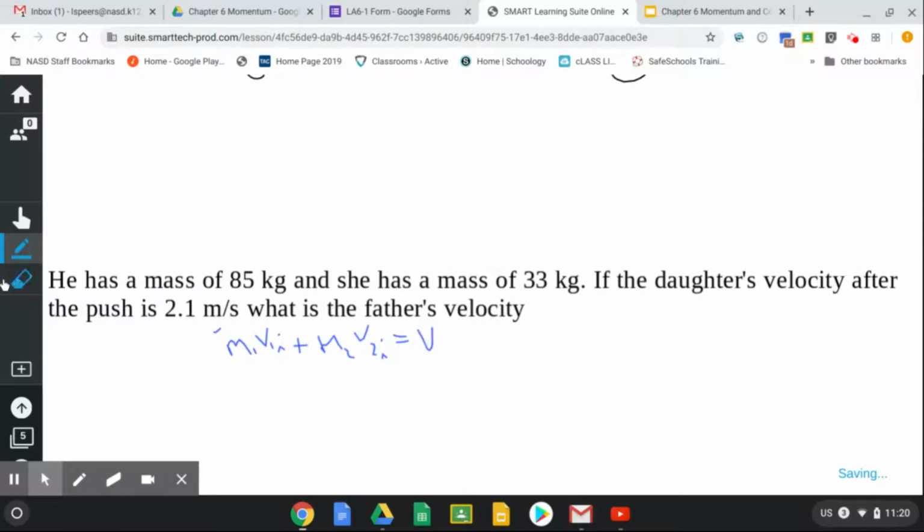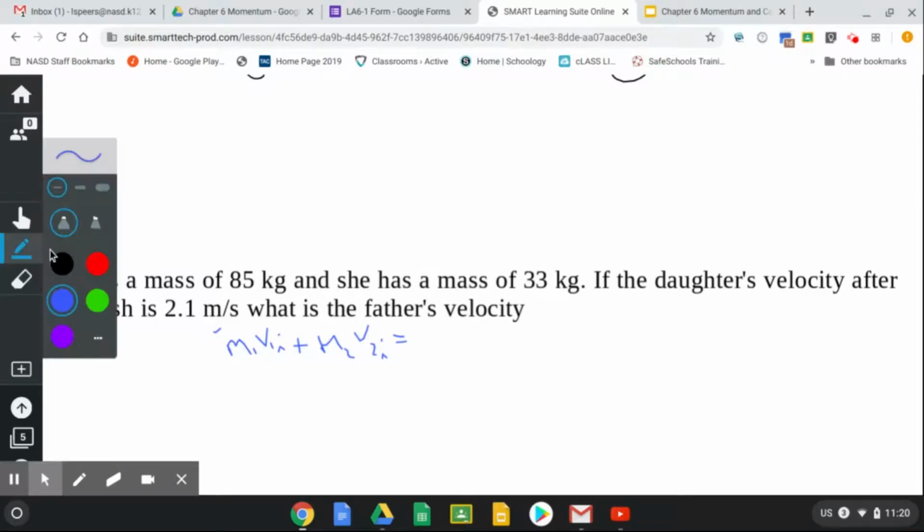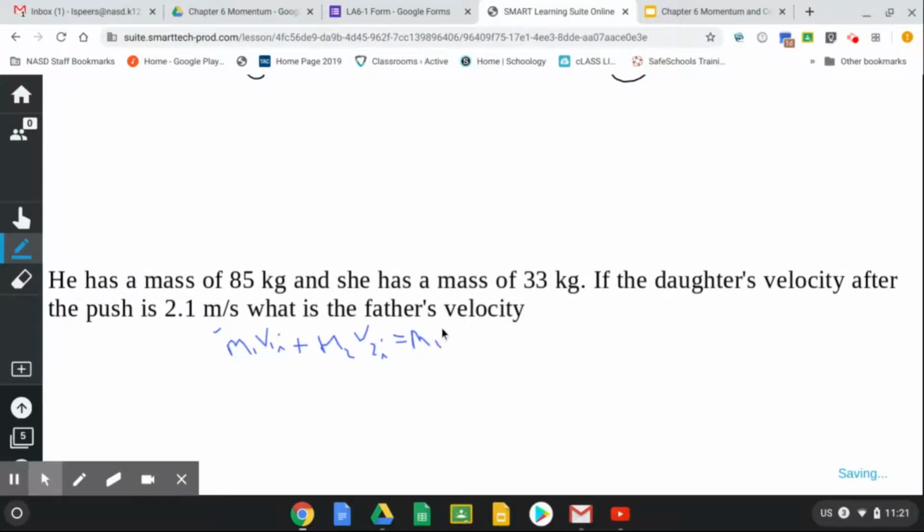Equals m1 v1f plus m2 v2f. So the father's mass, 85, times his initial velocity, 0, plus the daughter's mass, 33, times her velocity, 0.